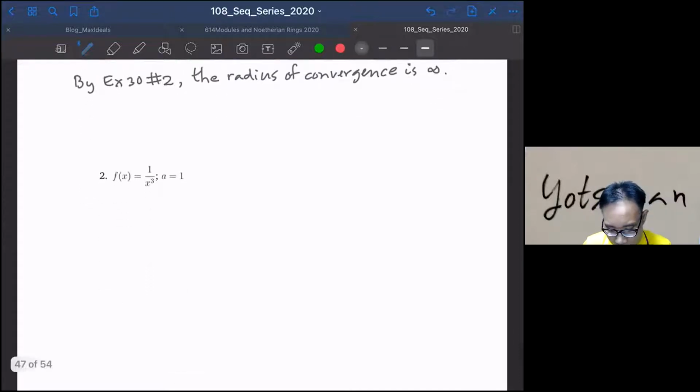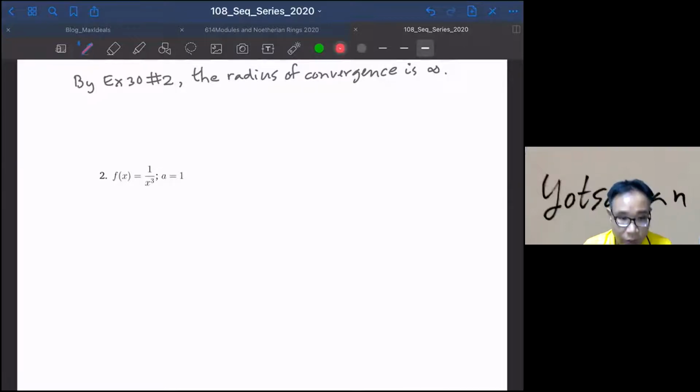The next one, you have f(x) = 1 over x^3, and you would like to find the power series or the Taylor series for this when the center is at a = 1.